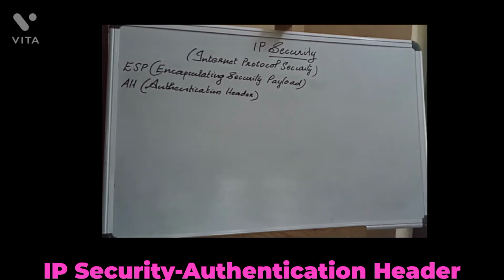These two protocols are used for implementing IP security, ESP and AH. As we learned in previous classes, the security services are confidentiality, authentication, signature, integrity. Similarly, IP security also provides these services.